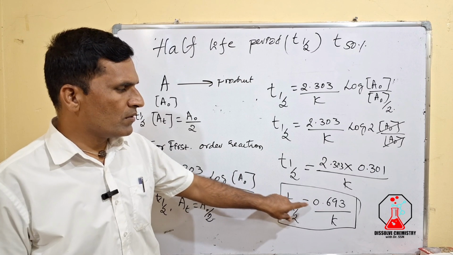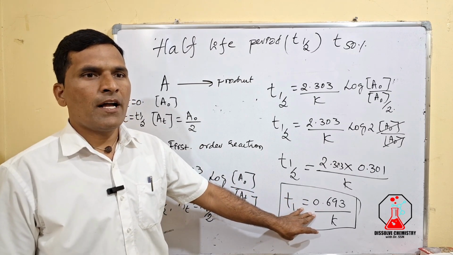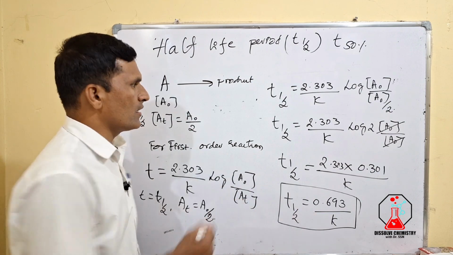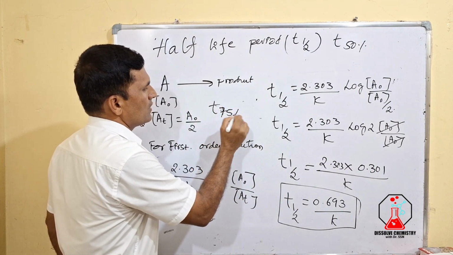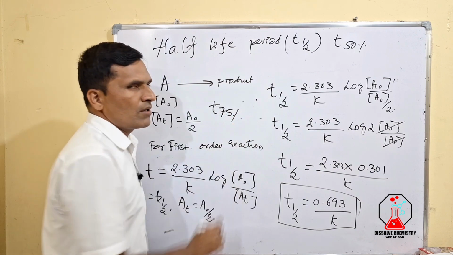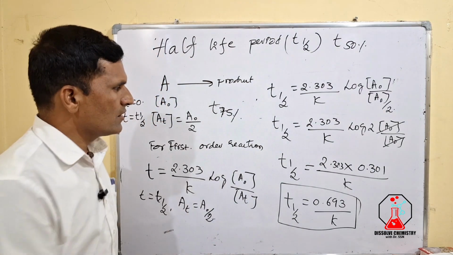Many problems will be asked on the half-life period of the first order reaction, and for different concentrations, like T75, they will ask. You should remember that T75 is double the T half.